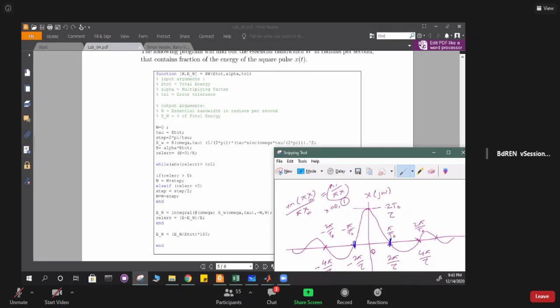After that we are multiplying the total energy with alpha to get the desired energy, the energy that we want. Then the relative error is calculated as E minus 0 divided by E, where E is the total energy that we want. And this is basically the initial relative error.